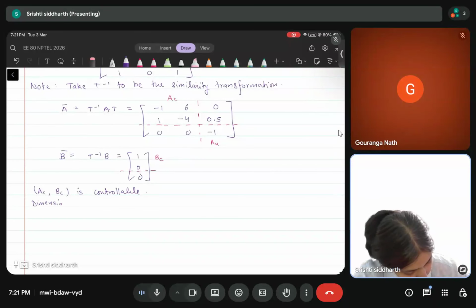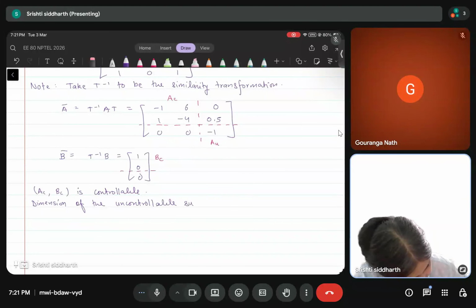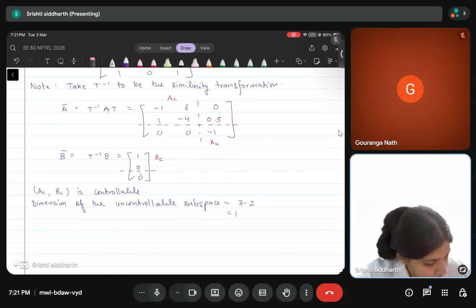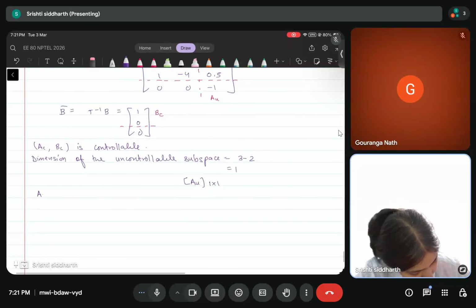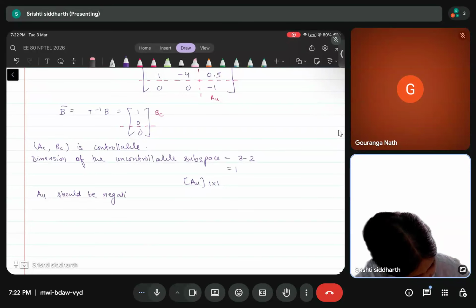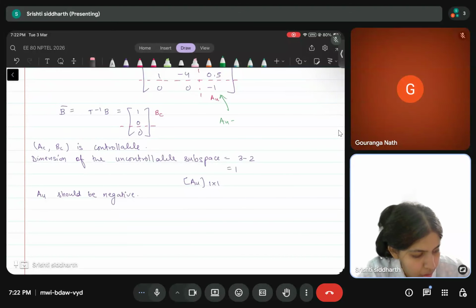The dimension of the uncontrollable subspace is 1, so you get AU as just a scalar. To check if the system is stabilizable in this case, AU should be negative. So it is negative, right? AU is minus 1, which implies that the system is stabilizable.